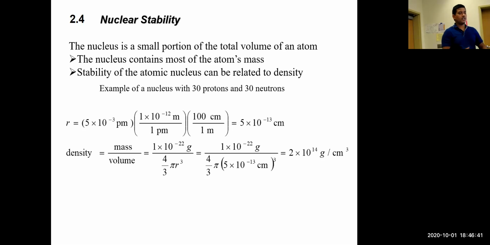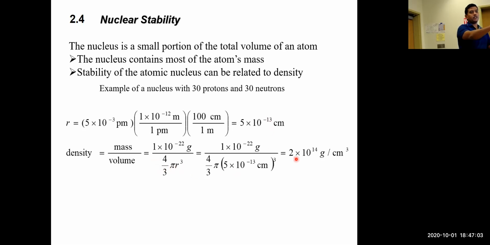We know the density equation, which is mass over volume. The mass of an atom with 30 protons is 1 times 10 to the power of -22 grams. Because the nucleus is spherical, the volume is going to be 4/3 pi r cubed, and r we already know.